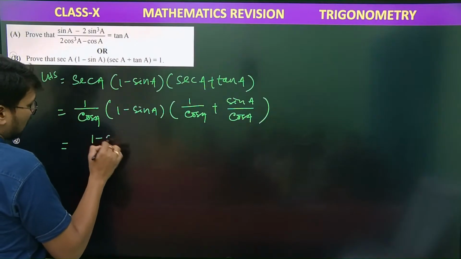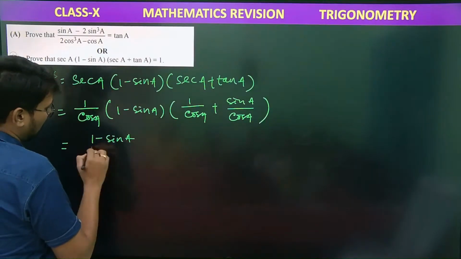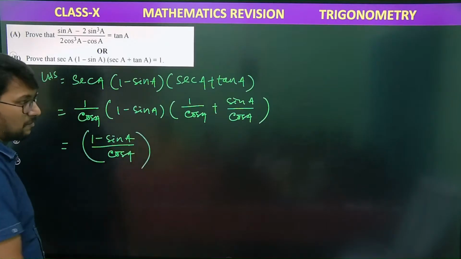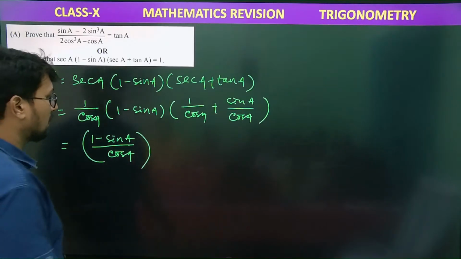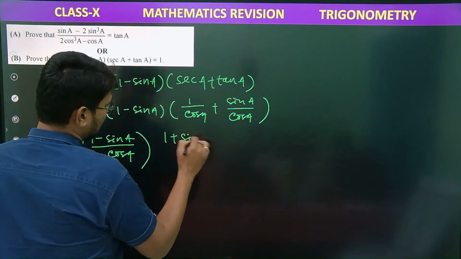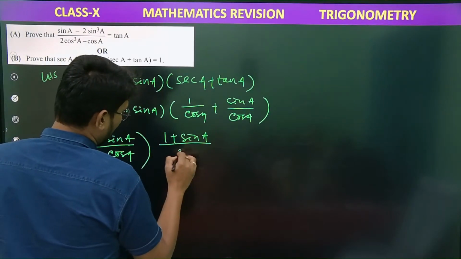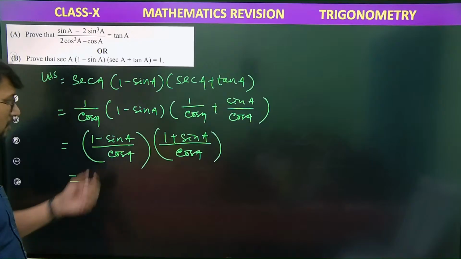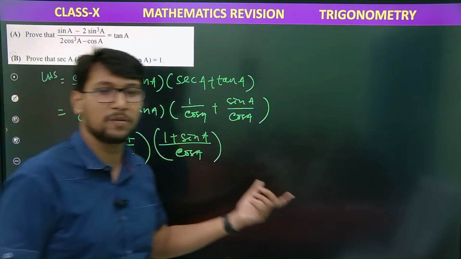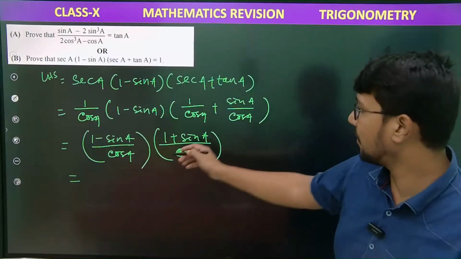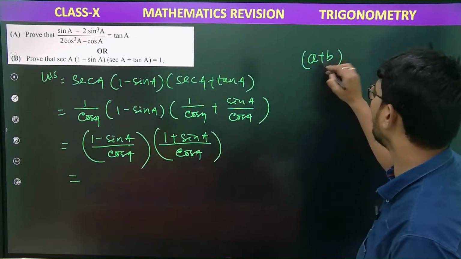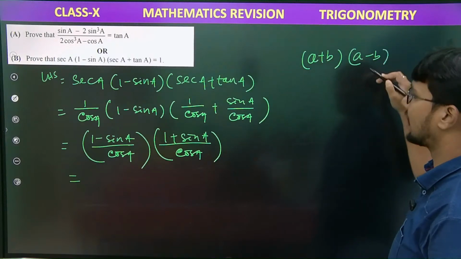Now 1 minus sin A by cos A, multiplied by 1 plus sin A by cos A. Now check the numerator. Which identity is visible to you? A plus B into A minus B is how much?